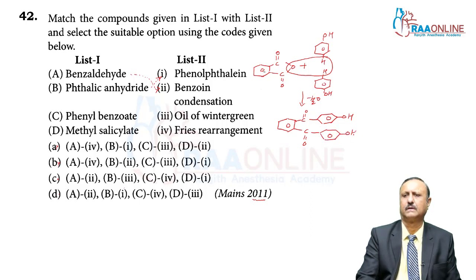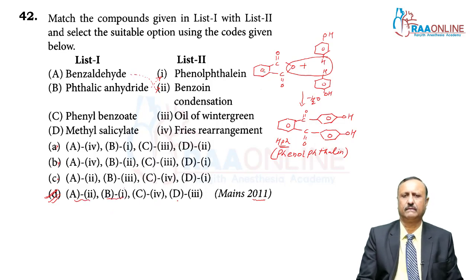This compound is called HPH, meaning phenolphthalein. This compound is called phenolphthalein, and the short name of phenolphthalein is HPH. So, my dear students, B for 1 means C and D, and it must be D, because B for 1 and A for 2.